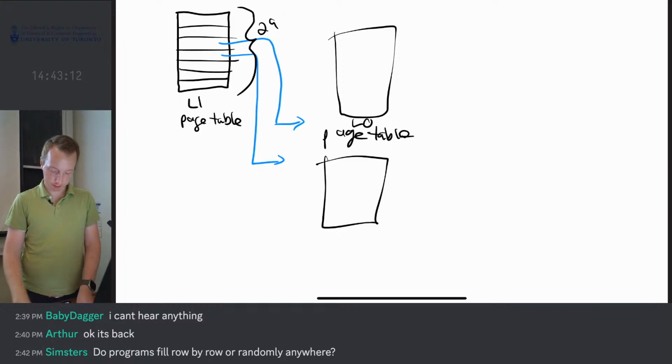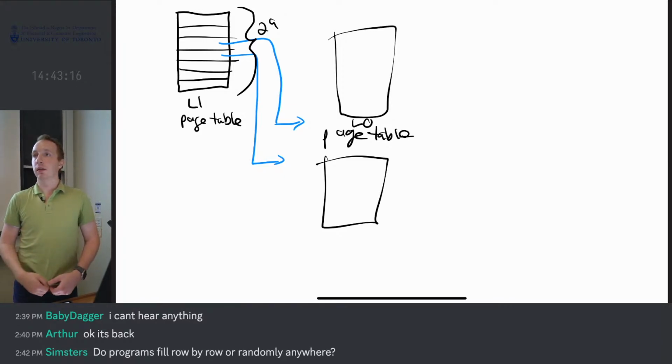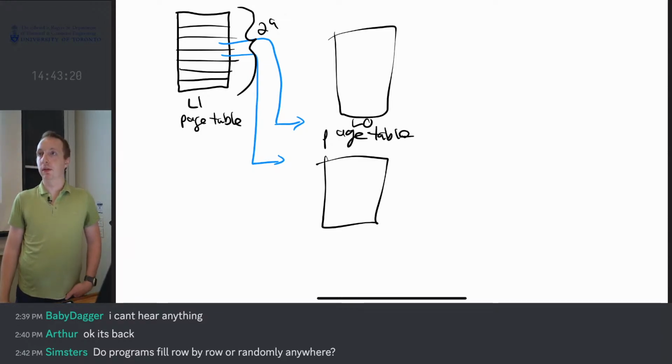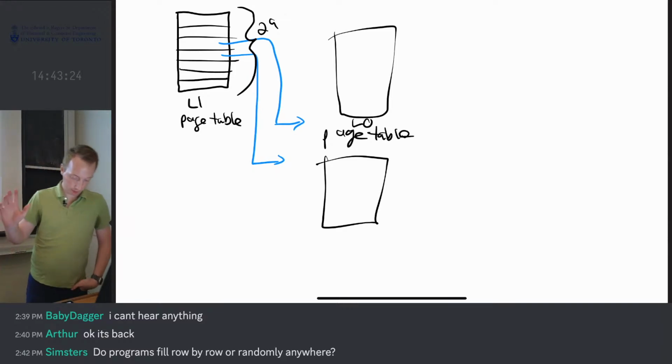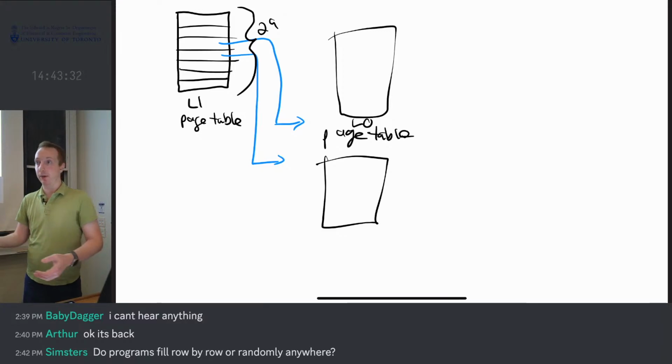So if a program is running and it used all of the L1 entries, so you have 2 to the power of 9 L0, does it add a lower level, like an N-1 table? No, the indexes just need to line up, and your operating system, if that's a valid address, just has to make sure that it can follow the page tables until that address is valid.